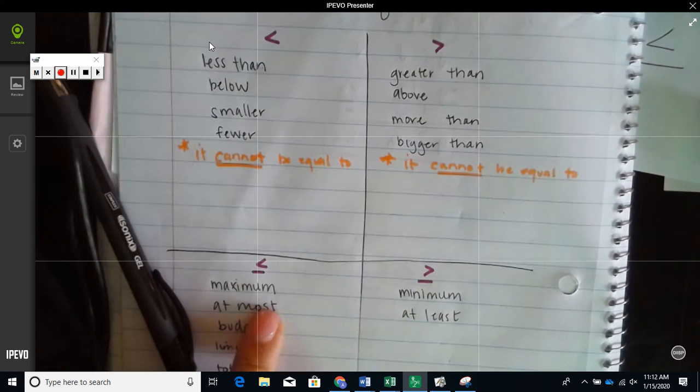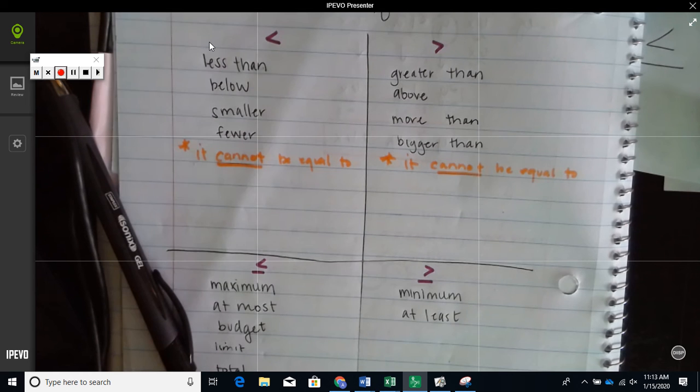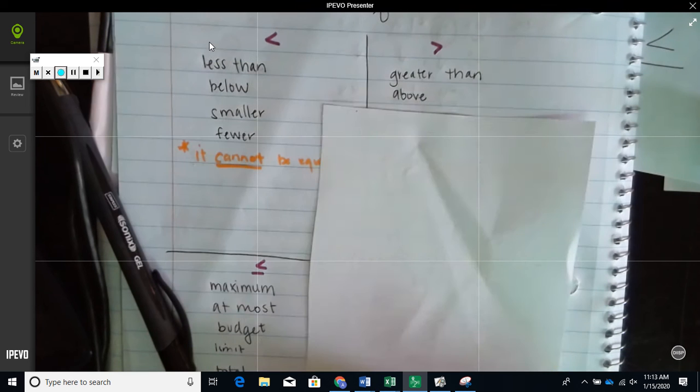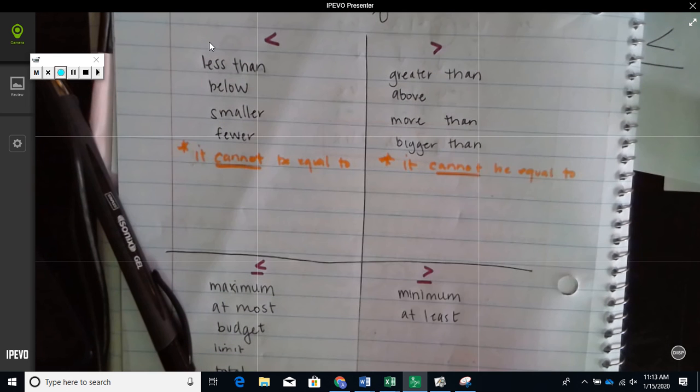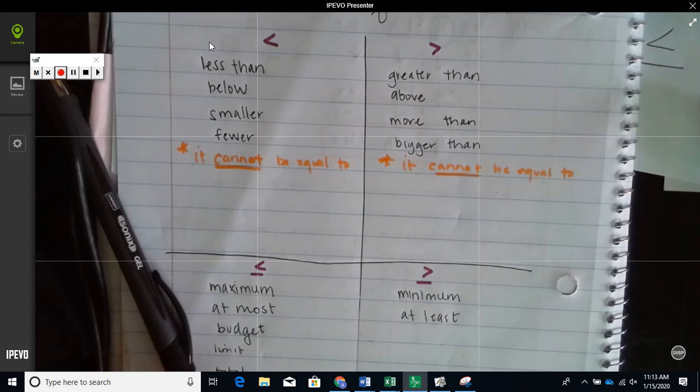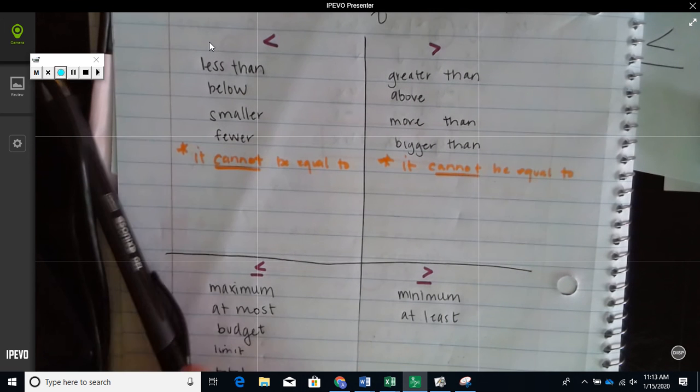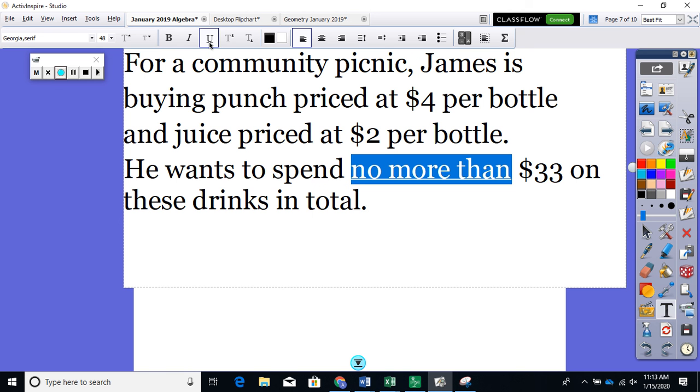Which inequality do you think it is? You're going to decide that in your group, and when I call on you, I'm going to write down what everybody says. You're just going to tell me in about a minute or so.